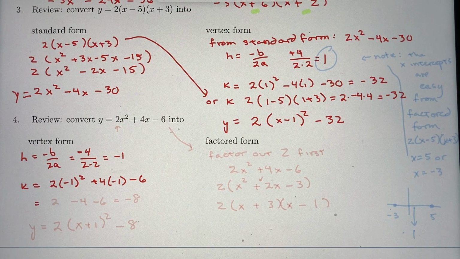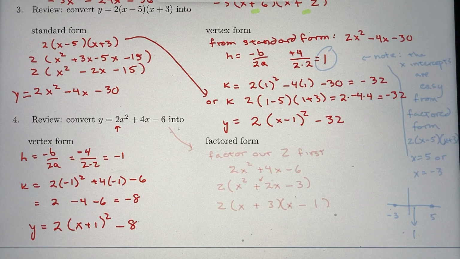And you end up with negative 8. Okay, so it's a x minus h squared plus k.